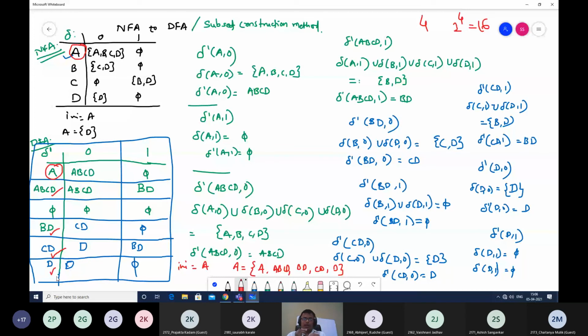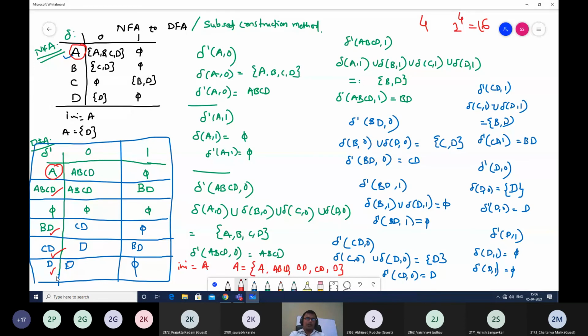Whatever new state name we get, only for those state names we calculate zeros and ones. So only such subsets which are reachable from the initial state can be considered in your solution. Ideally the subsets would number 16 if our number of states is 4, but here, based on our transitions, we are only getting 6 states in our DFA.